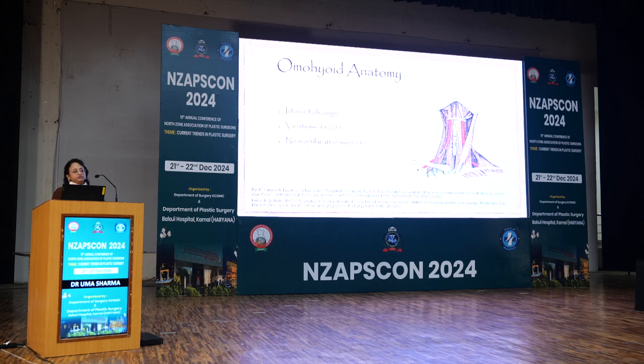These variations could be either the belly attaching all over the ligament, or an absent inferior belly, or a double omohyoid inferior belly. These variations have been described in up to 15 to 20%. No scapular attachment, and that too on the unilateral side, has been described through cadaver studies in about 3% of the adult population.